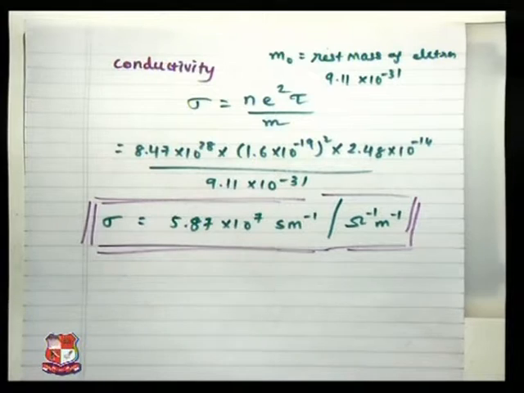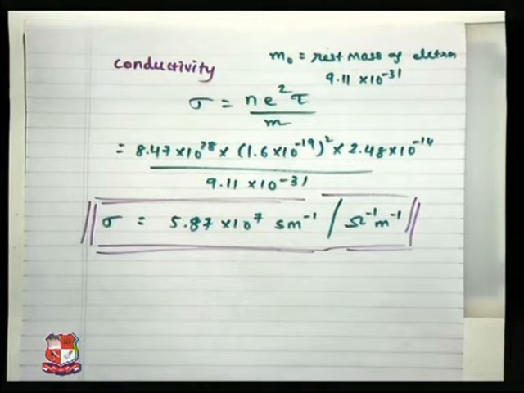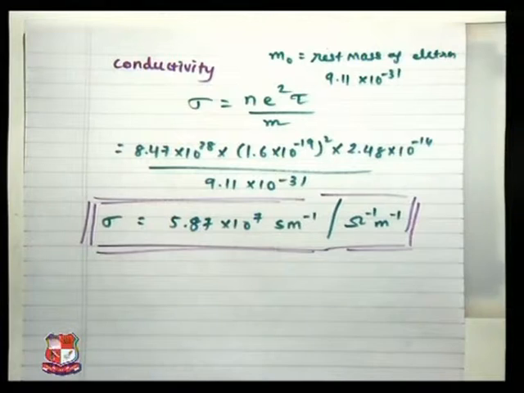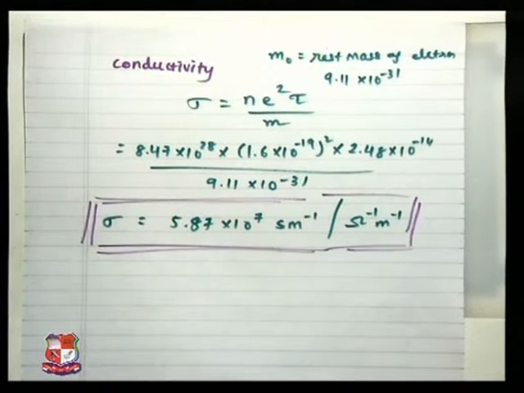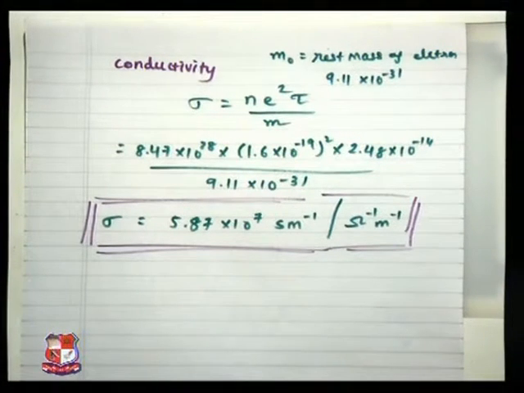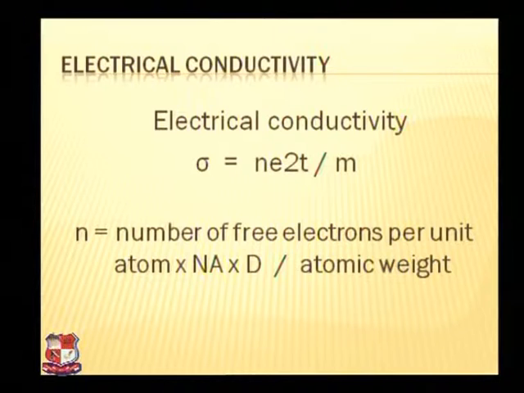In this manner we have calculated the electrical conductivity of copper with the values of atomic weight, density, relaxation time and density of electron, that is the number of electrons per unit volume. You can also see it on this: electrical conductivity sigma is equal to n e square tau upon m.